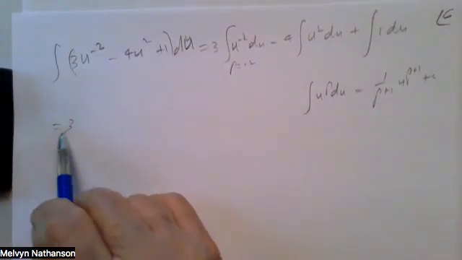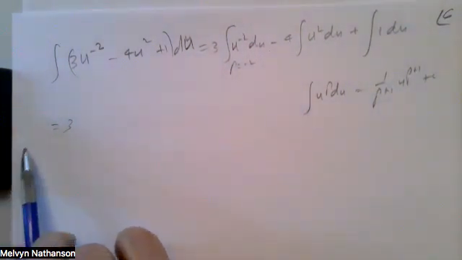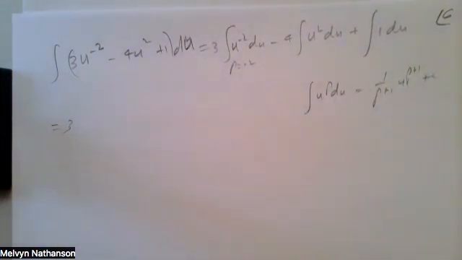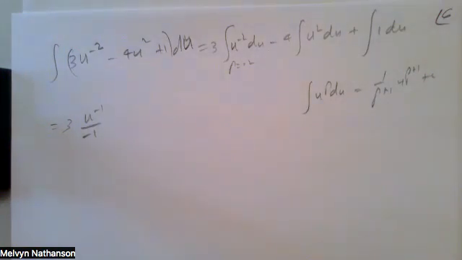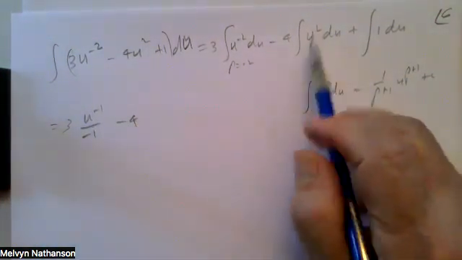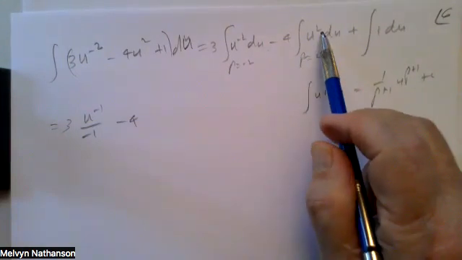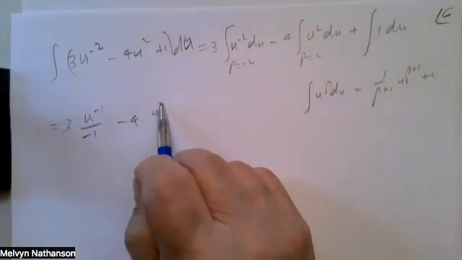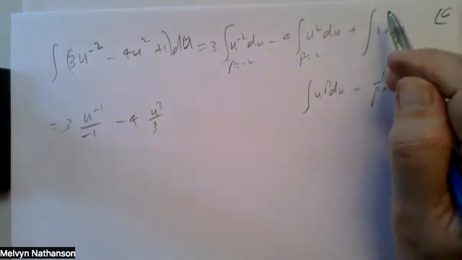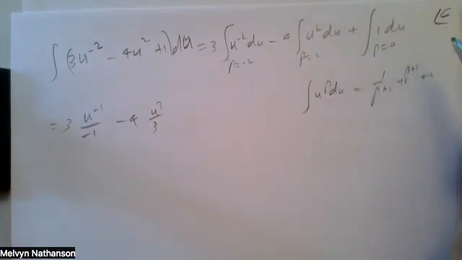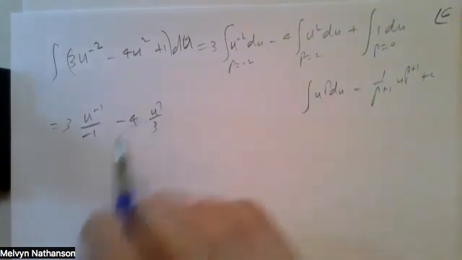So this is equal to 3. What is minus 2 plus 1? Minus 1. U to the minus 1 over minus 1. Minus 4, u squared, that's p equal 2. 2 plus 1 is 3, so u to the 3 over 3. 1 is the same as u to the 0, that's p equal to 0. 0 plus 1 is 1.